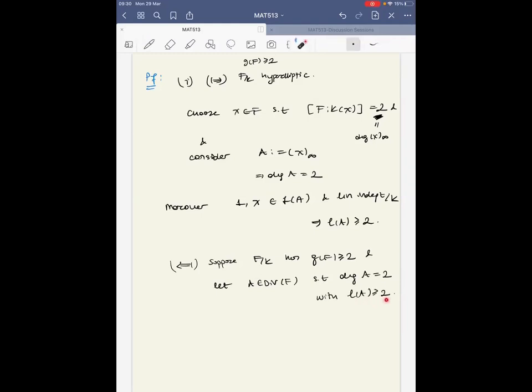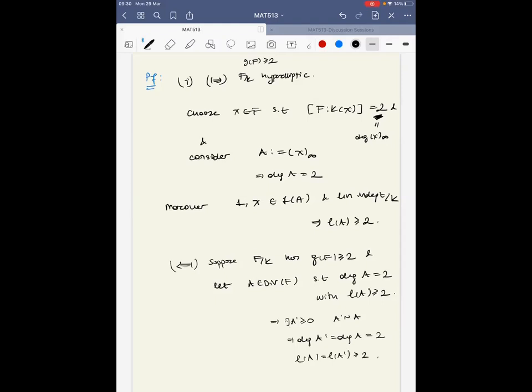Since the dimension is bigger than or equal to 2, we know that it's not just the constant field and it's a non-trivial vector space. Again, the same trick. We can see the existence of an effective divisor which is equivalent to A. And by this equivalence, they have the same degree and the same dimension.